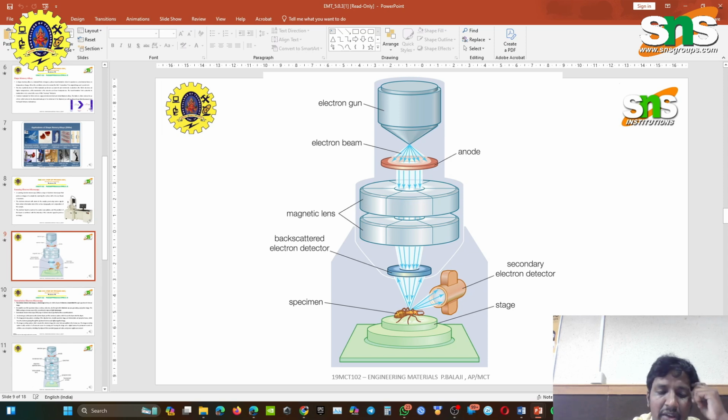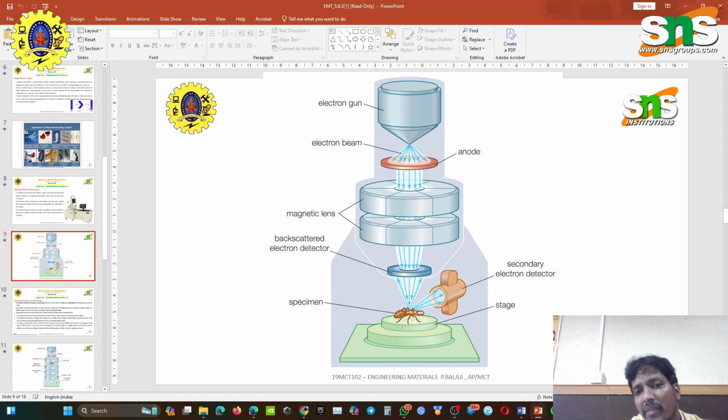The scanning electron microscope process focuses electrons onto the surface of samples to collect different signals using specialized detectors. You can see on the screen that the electrons come from the electron gun, and the beam interacts with the atoms.